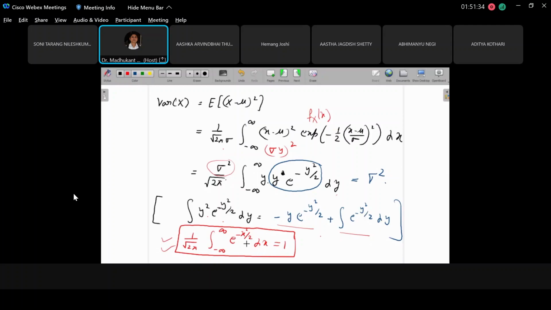So use the product rule to establish the final answer is sigma square. The proof will be along the same line, so try to do that. If it is not done, let me know, and I will supply the notes in that case.